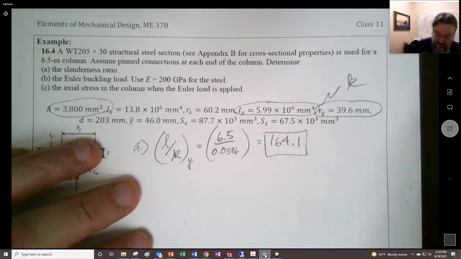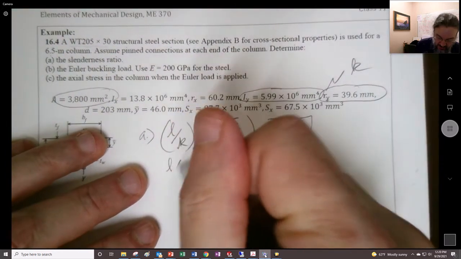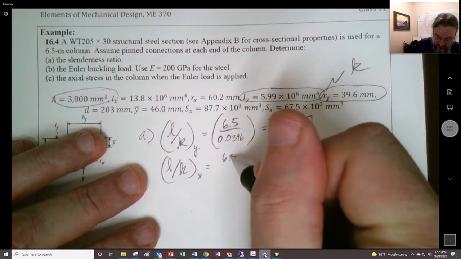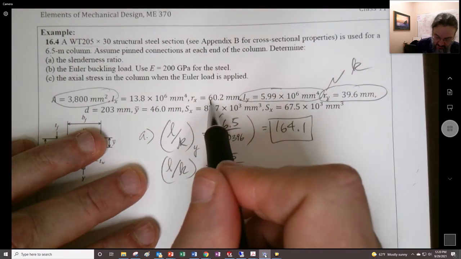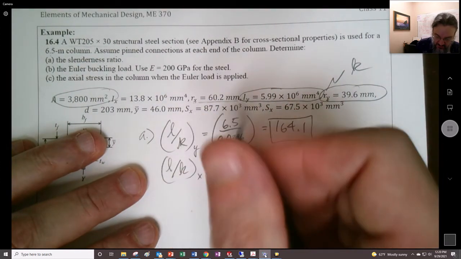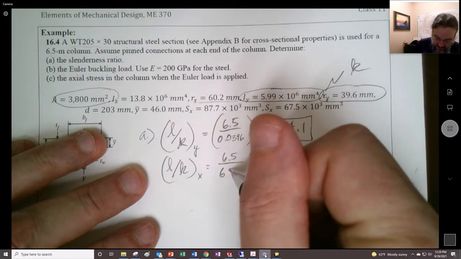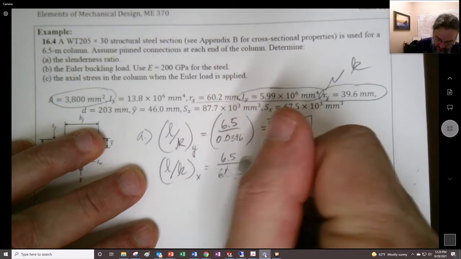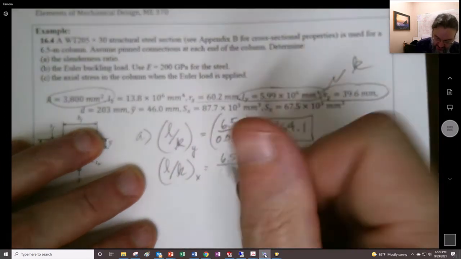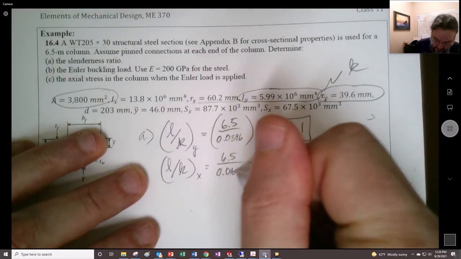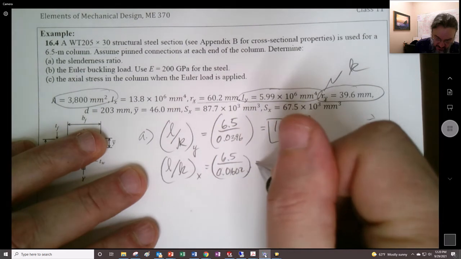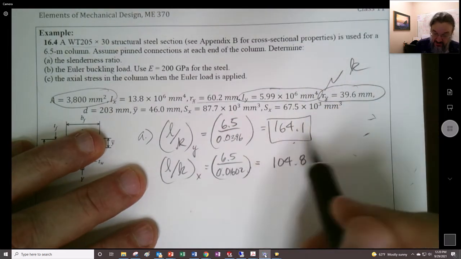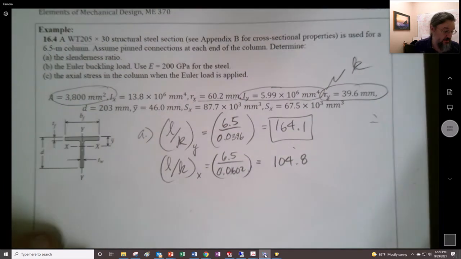We could also check about the x: 6.5 divided by the radius of gyration on the x-axis, not 60.2 but 0.0602, and we get 104.8. So the y-axis has the largest slenderness ratio.